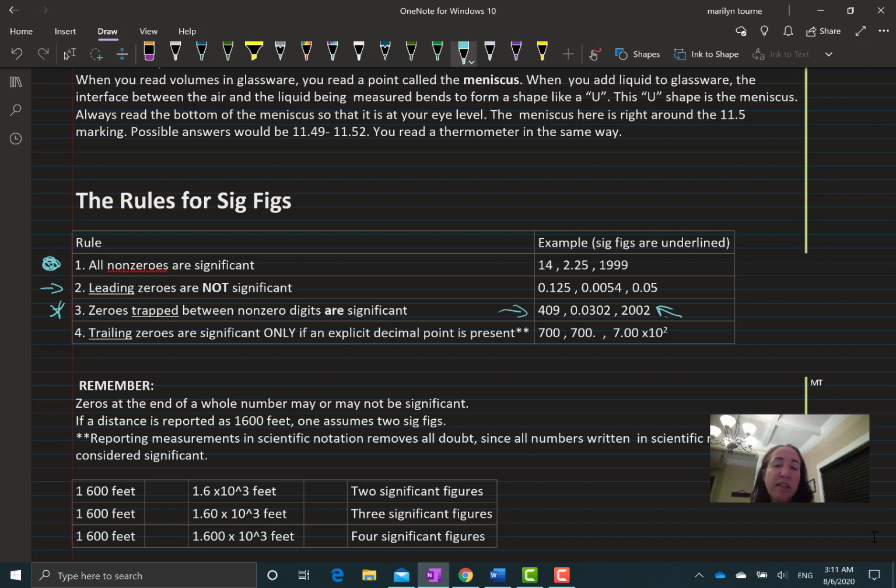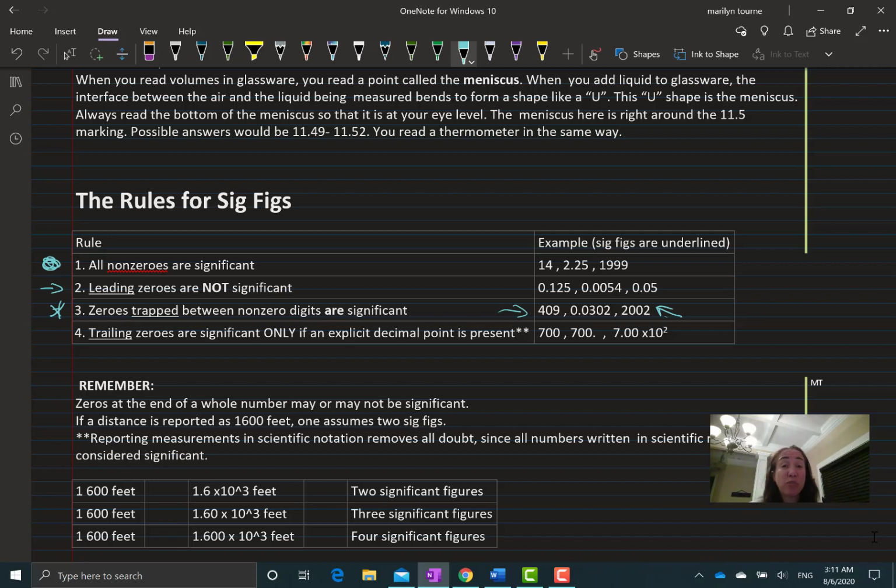What about the second example? The second example is 0.0054. There, what's the first non-zero digit? It's that 5. So that means that everything before that 5, since they're all zeros, they don't count. So that number will only have 2 sig figs. It's pretty easy, right? These rules are not hard at all. You just have to remember them.